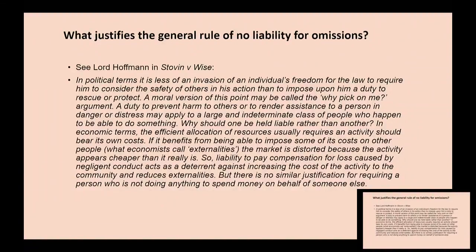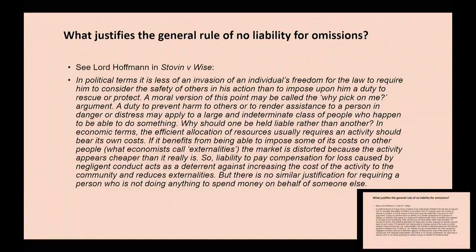And then in economic terms, the efficient allocation of resources usually requires an activity should bear its own costs. If it benefits from being able to impose some of its costs on other people, what economists call externalities, the market is distorted because the activity appears cheaper than it really is.